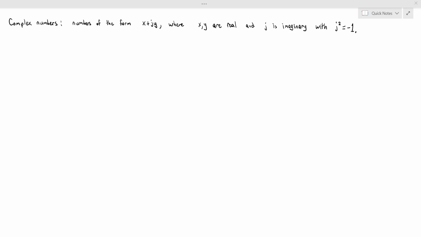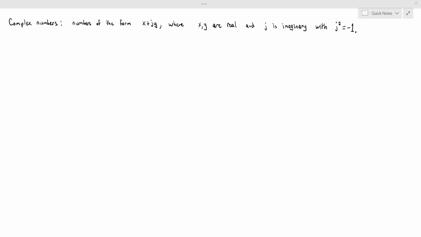Last time we talked about complex numbers, which are numbers of the form x plus jy, where x and y are real numbers and j is imaginary with j squared equal to -1. And we talked about how people didn't really accept the existence of complex numbers because they didn't know how to interpret them.